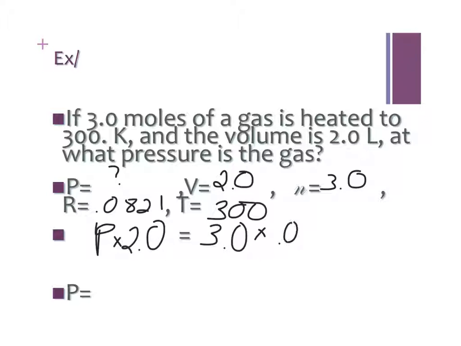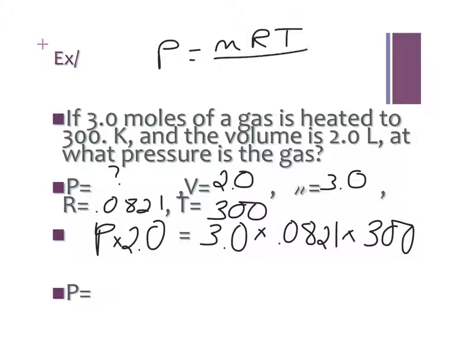R is 0.0821. And T here is 300. So we need to get P by itself. Now if anybody did rearrange and wanted to find what P was, P would be equal to nRT over V. So if you wanted to rearrange that first and plug in, that would be your other option.